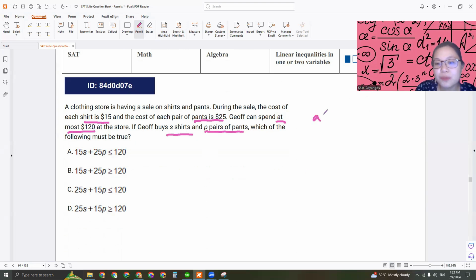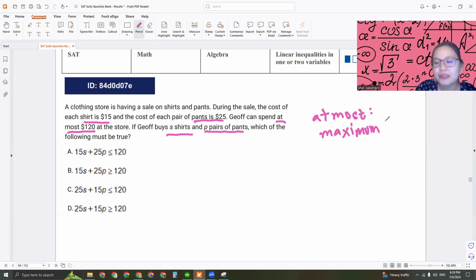Okay, what does at most mean? I also want you to go back to the previous videos if you still haven't done so. Start with Q1 and you'll get used to all of these at most and at least keywords that we'll definitely encounter in algebra problems and advanced math. So keep this in mind. At most, it's the cap, right? It's the maximum value that George can spend.